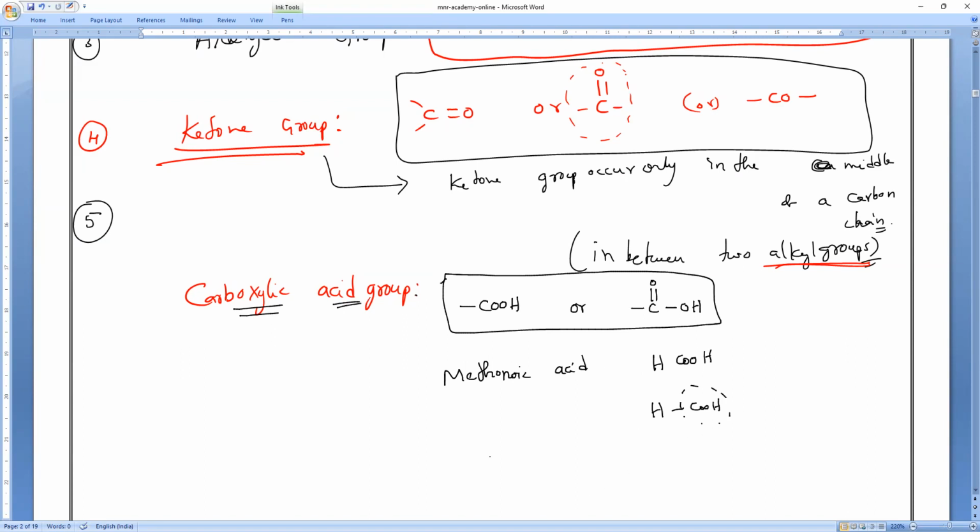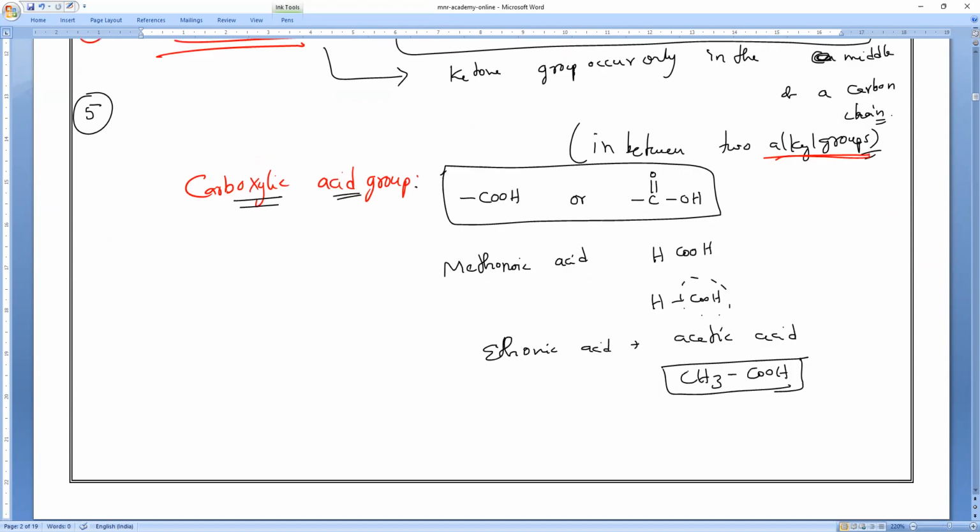Clear? If you take ethanoic acid, we also call it acetic acid. What is the acetic acid formula? CH3COOH. So CH3 bond COOH. COOH is the carboxylic acid. So remember that, all of you.